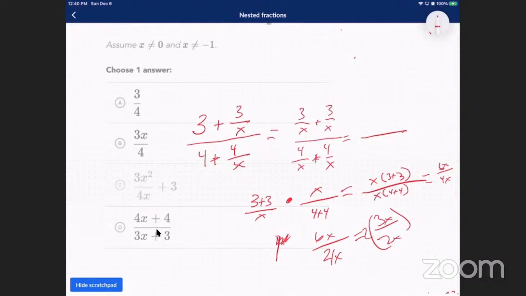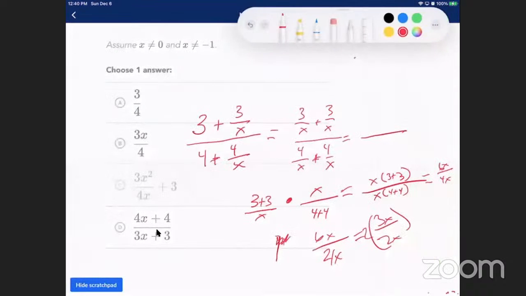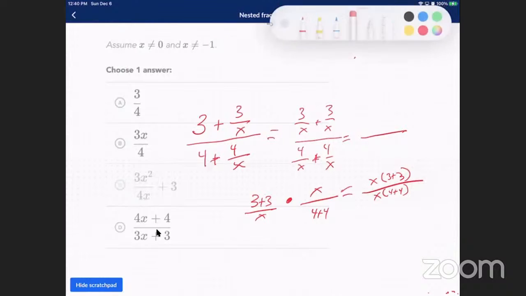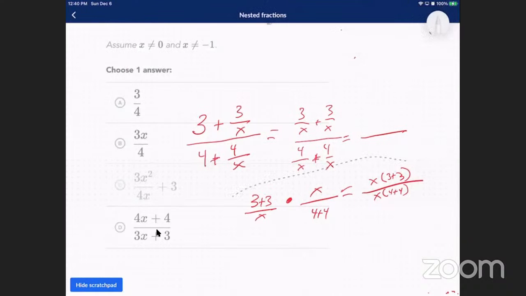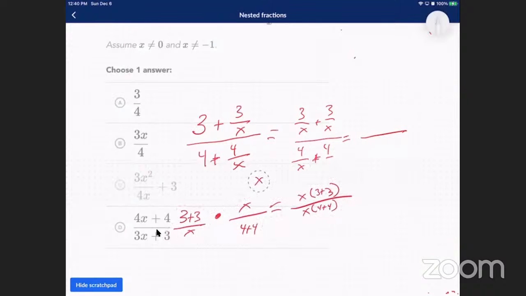Yeah, I feel like I did something wrong. Let me go back to this. Go back here. And I would try doing these two crossroads at 6 times 6x would be 2x.